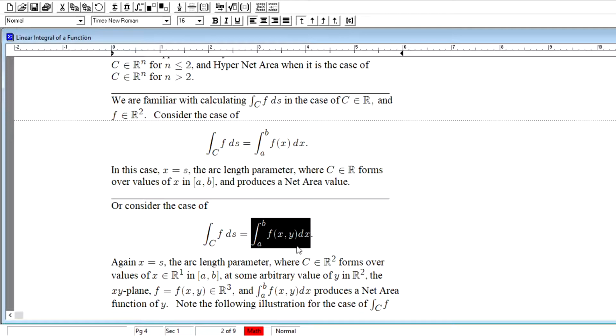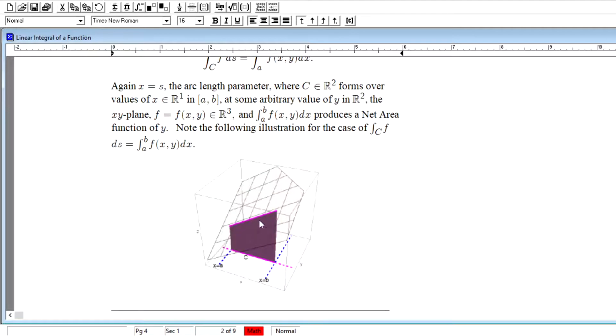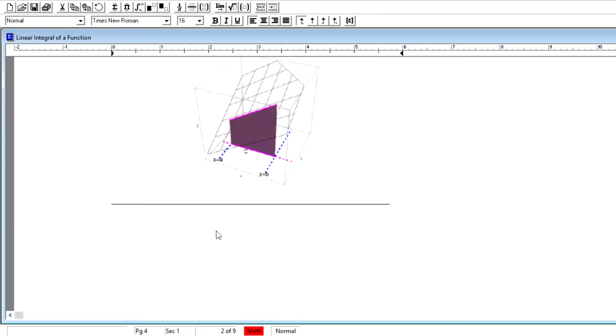A net area function for where in this case C exists in 2 dimensions, at some arbitrary value of y between values of x from a to b, where the arc length s corresponds to the value of x, and the result being this net area function.